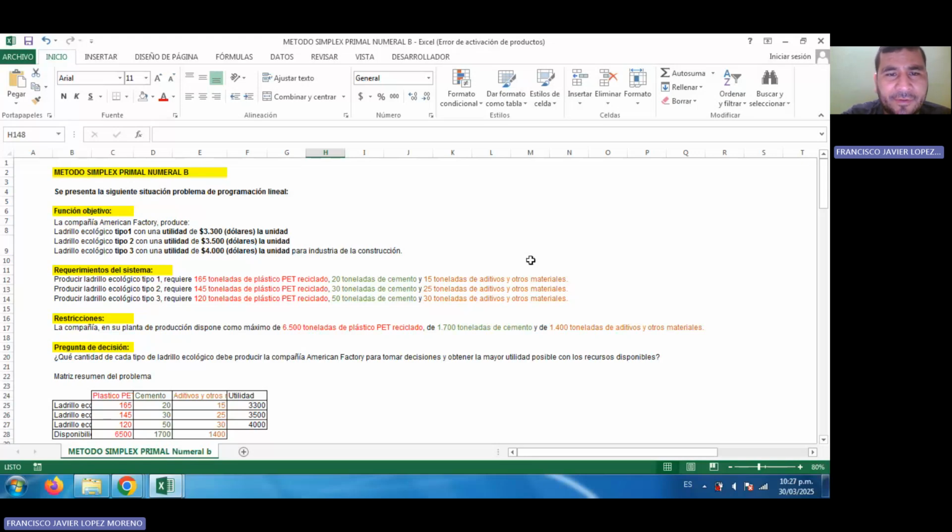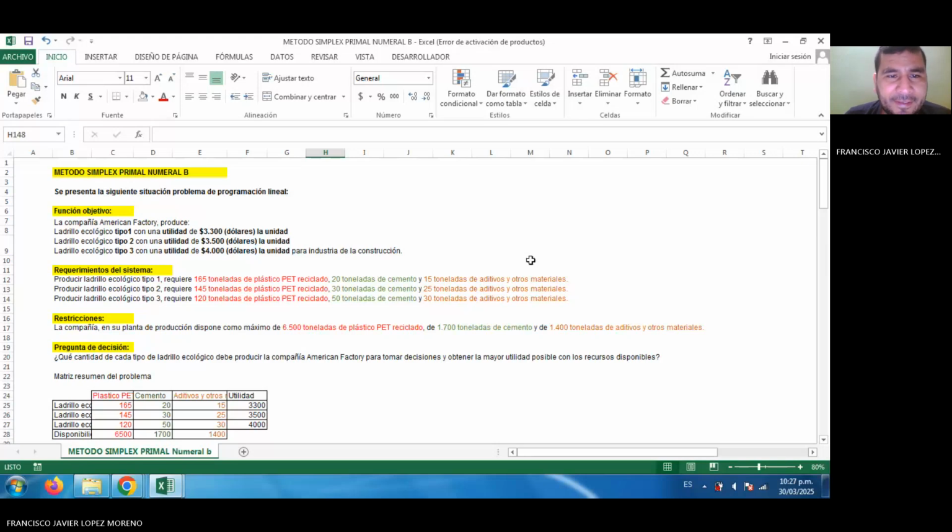Finally, to produce ecological brick type 3, 120 tons of recycled PET plastic, 50 tons of cement, and 30 tons of additives and other materials are required.